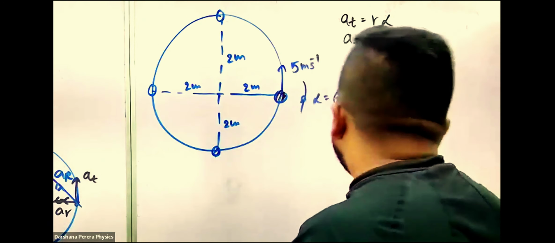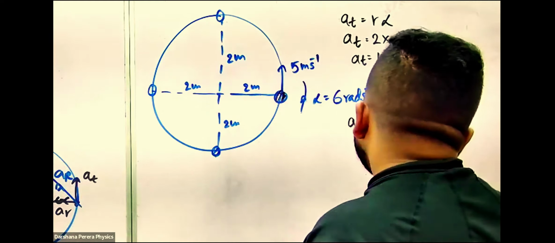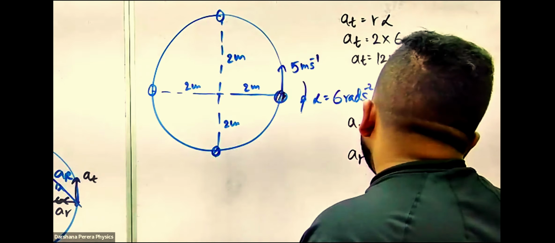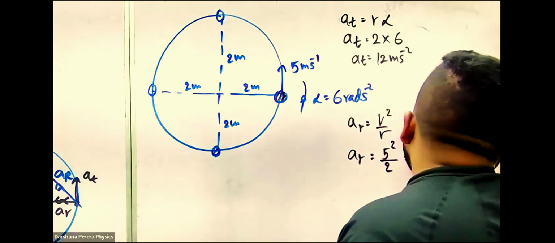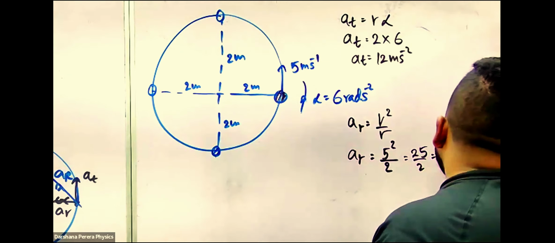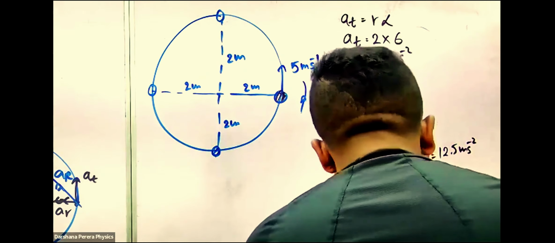Therefore, AR equals V square over R, which is 5 square over 2, that is 25 over 2, so 12.5 m s minus 2.